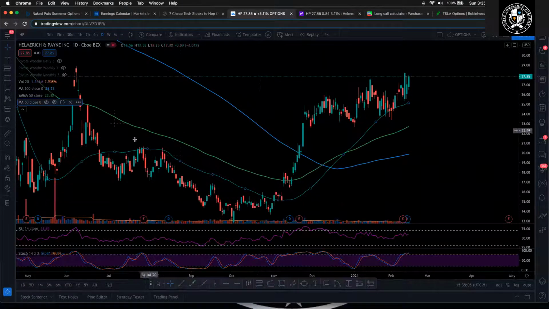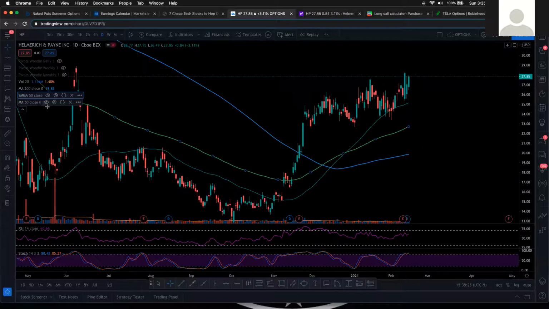You see that it's a little bit different, but I have the smooth moving average, the SMMA, at 50. But if you wanted to just keep it simple and do both moving averages, one should be at 50 and one should be at 200.